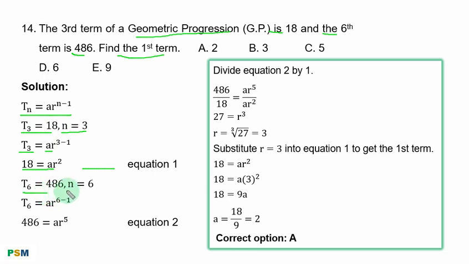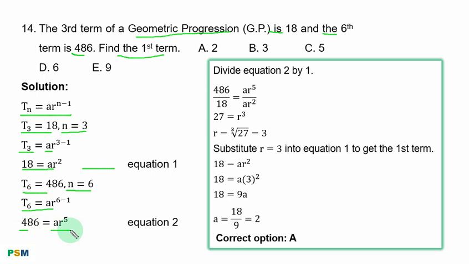At this point, n is equal to 6. So t sub 6 is equal to a r to the power of 6 minus 1. You have 486 equal to a r to the power 5. You call that equation 2.